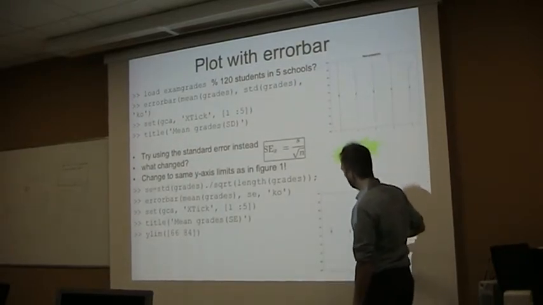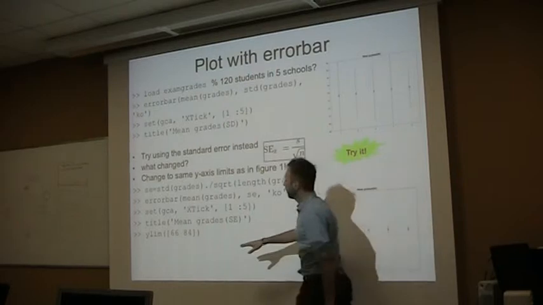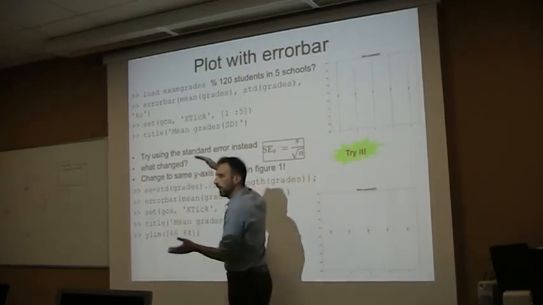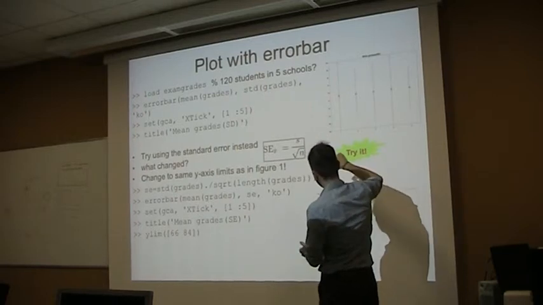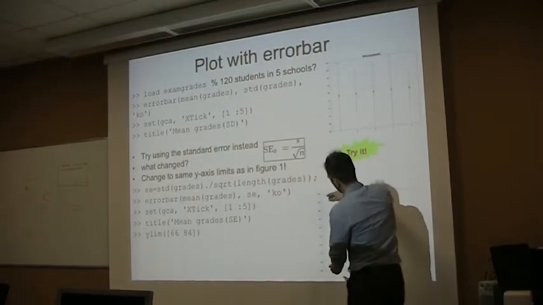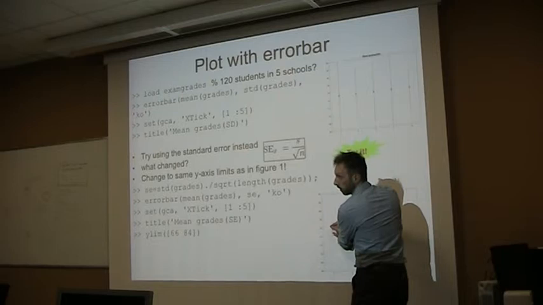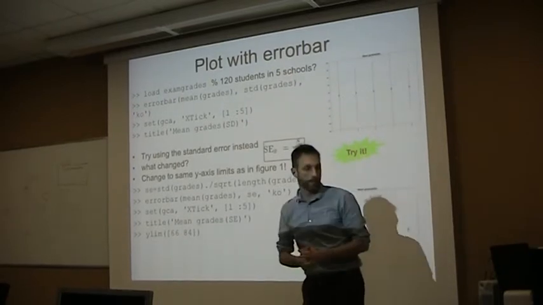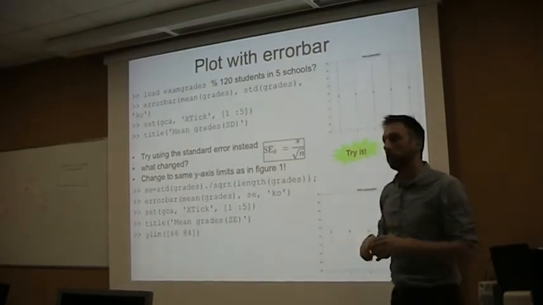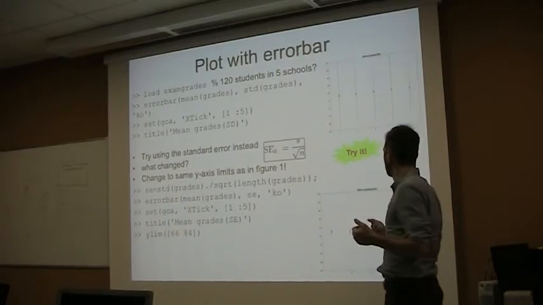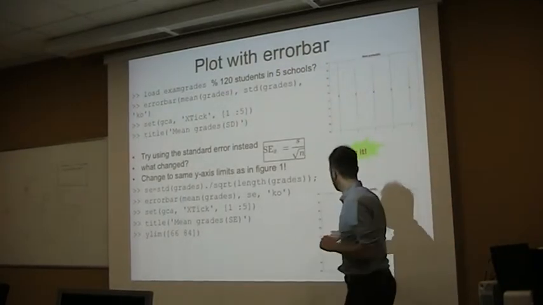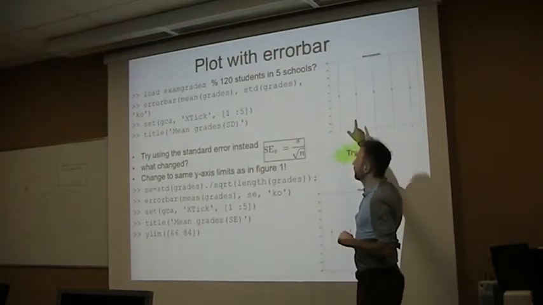Here I define the limits of the y-axis to have them the same, to have them comparable, and just to show you that the standard error is much smaller than the standard deviation. They're both measures of the dispersion, the spread of your data. Needless to say, this looks better on your graph than this most of the time.